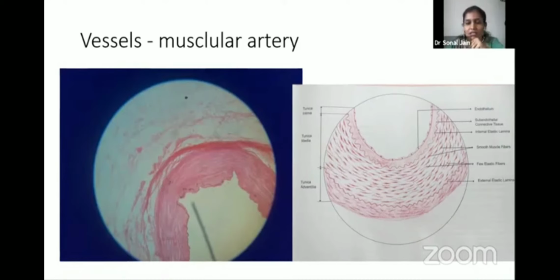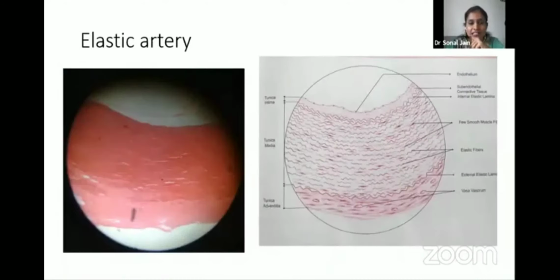Next is the elastic artery. As we can see in this slide, these wavy structures are the elastic fibers. They are more in the elastic artery. We cannot even differentiate the internal elastic lamina, so the intima and media look together. The elastic artery is also called the conducting artery, and these are large arteries.